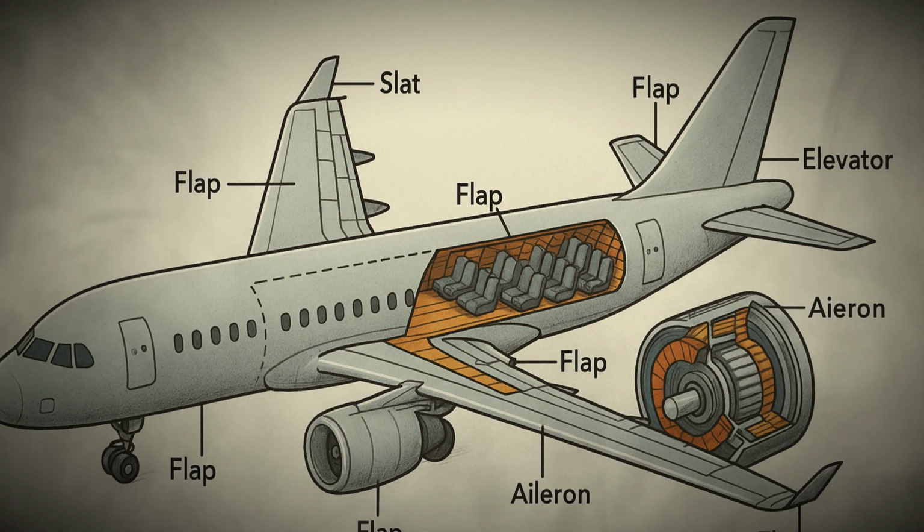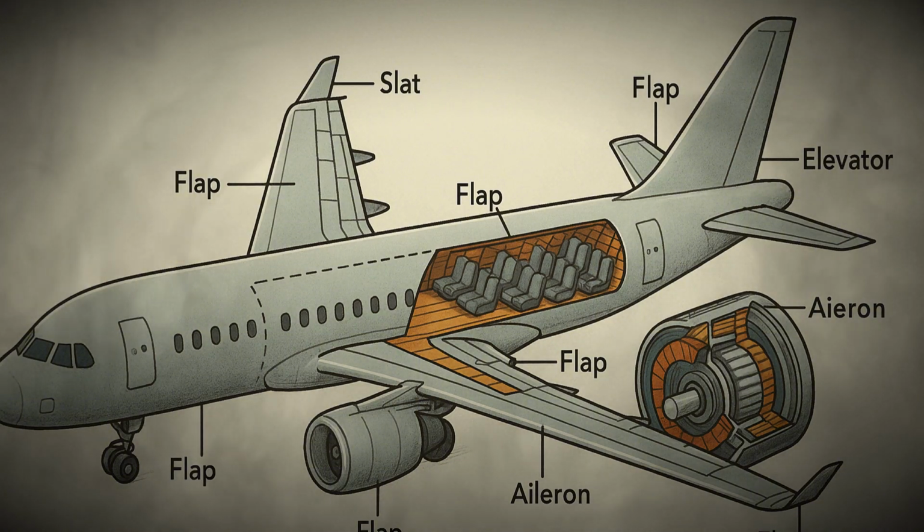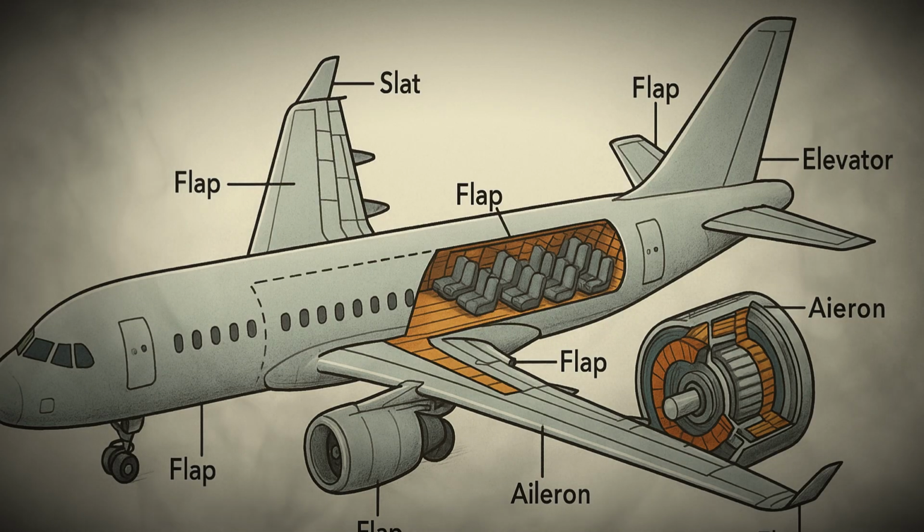The hot gases expand rapidly and exit through a turbine and nozzle, producing thrust. The turbines extract some of the energy from the expanding gases to drive the compressor and the fan at the front, creating a continuous cycle.